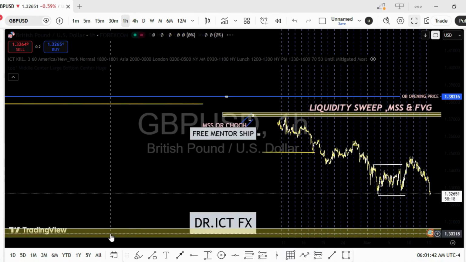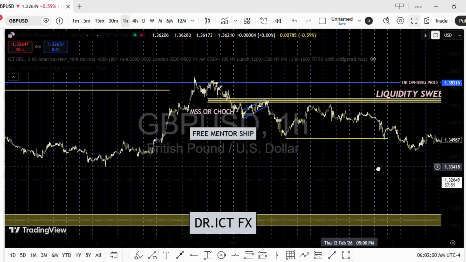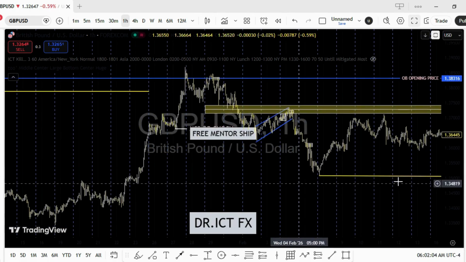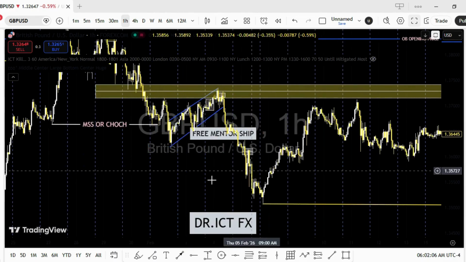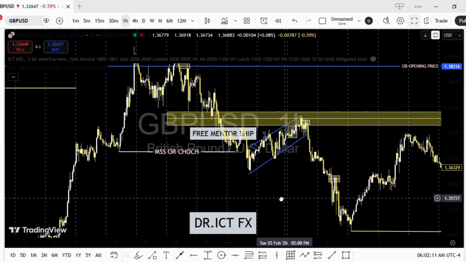Remember, we said that to mark that there is a change in the market, that we are changing the direction, we have to have a market structure shift, and also we have to sweep liquidity above and tap into our PDRA. This is the thing that I'm showing here. After knowing that we are in the deep premium zone, we look for sell setups, and luckily enough our price was in the monthly order block.